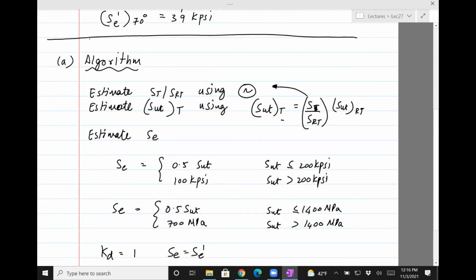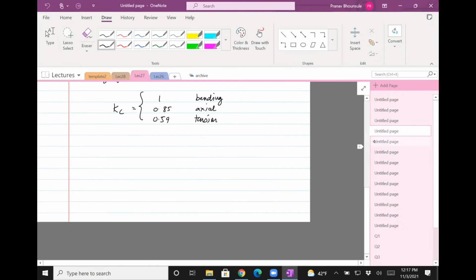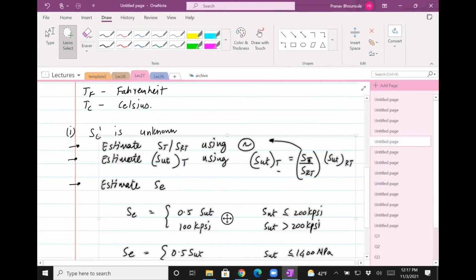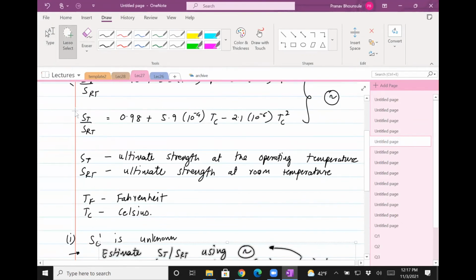Just estimate the first thing, second thing, and so on. So let's estimate ST divided by SRT. For that, I need the other formula, which I should copy. So let's just take the other formula, which is right here in Fahrenheit.